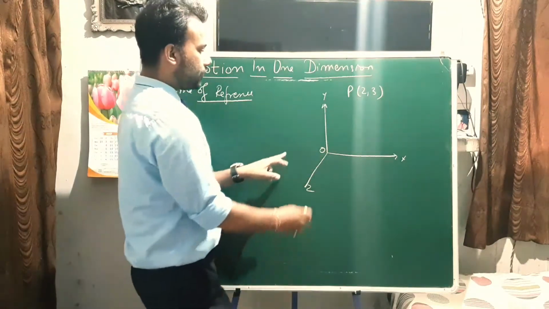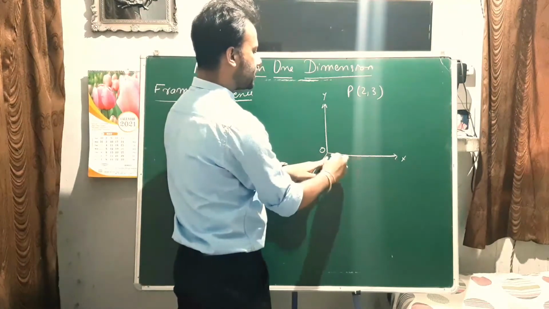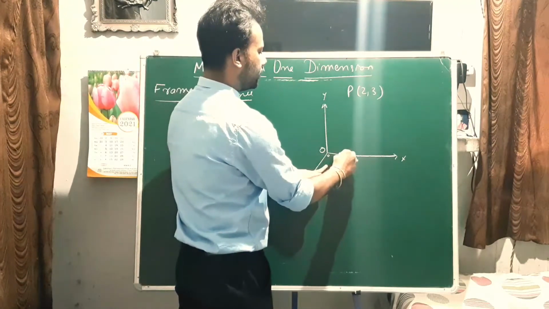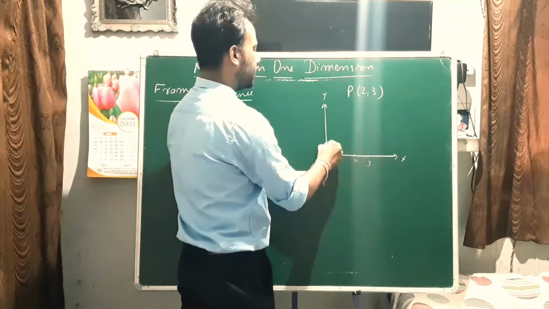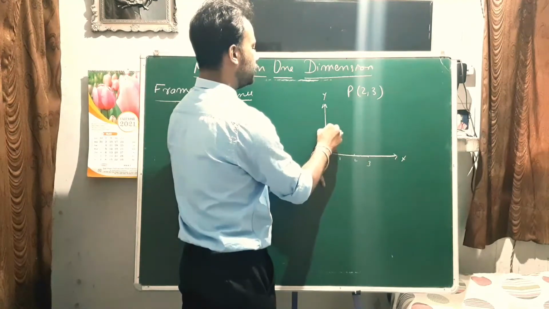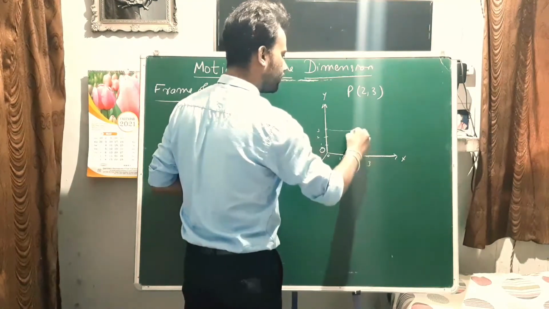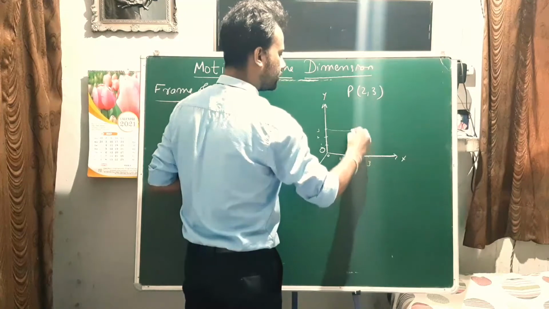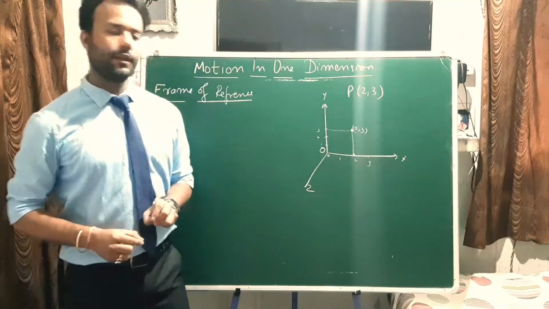Now with respect to this point, we move 2 points in the X. Let's say this is 0, this is 1, this is 2, this is 3. So this will be the X, and 1, 2, 3. This is the coordinate of the point P, right?